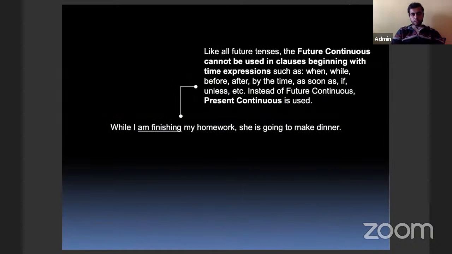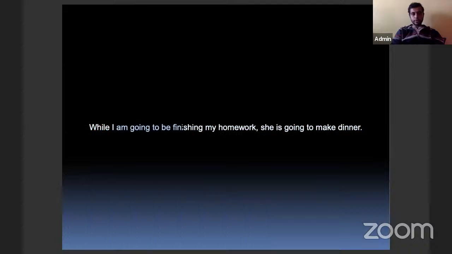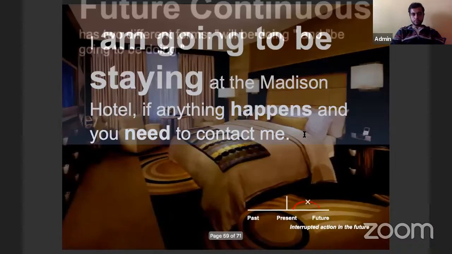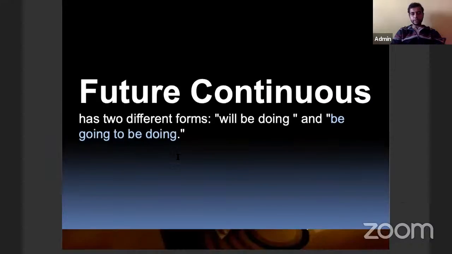This is a clause beginning with a time indicator, a time expression. So you cannot use future continuous here. While I am going to be, this is future continuous, going to be finishing. Look at it here. Going to be doing. Be going.